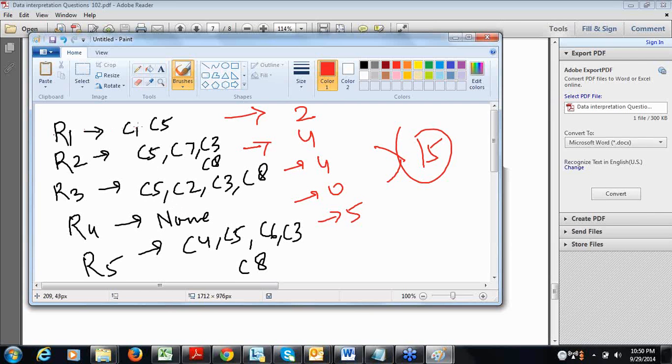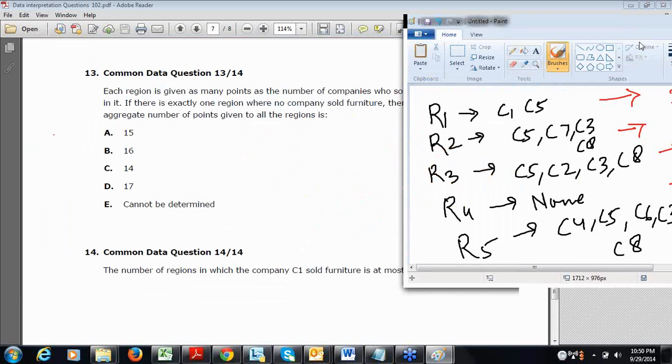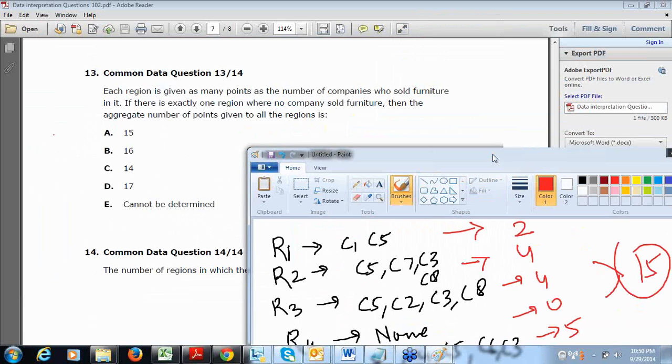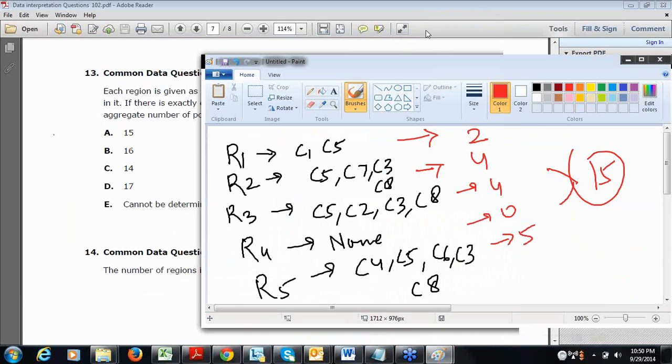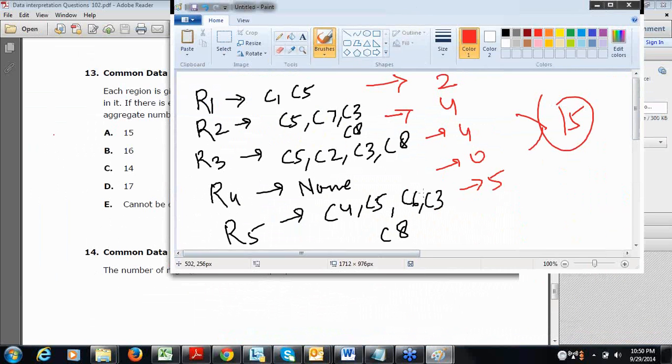So one region will have 2 competitors, because if C1 is to be included into a region, C5 will be there. So 2 competitors need to be there. So R1 is done. One region is with the 5 competitors that we have done in question number 12. So this is our region with 5 competitors.